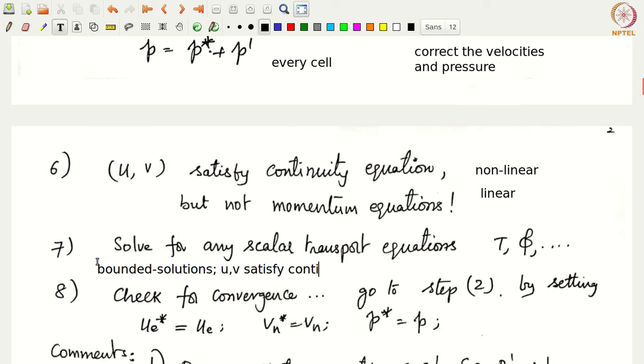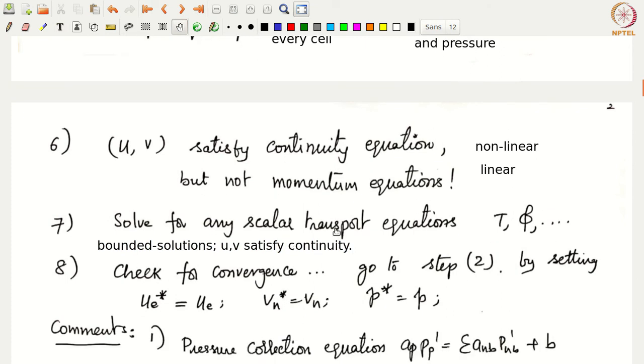That means if you don't have a continuity satisfying velocity field, even if you use upwind difference schemes, you will not get a bounded solution for your phi and temperatures. So it is very important that all the scalar transport equations are solved with a continuity satisfying velocity field. As an intermediate step, we don't want to have unboundedness here, because they cannot grow more than the value that is coming in, unless there is a source or something. So this is important.